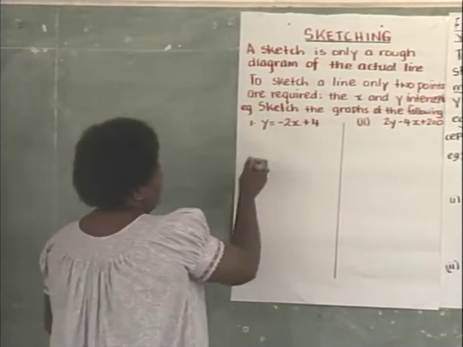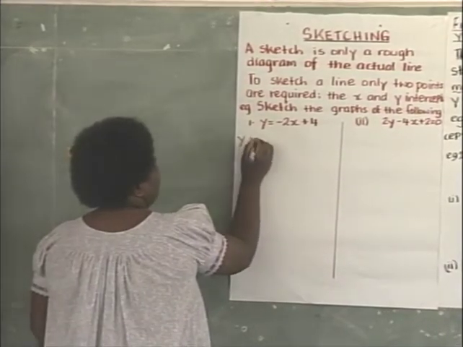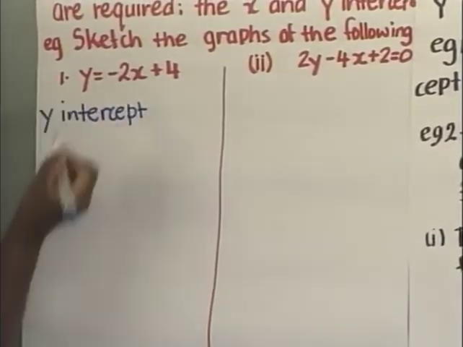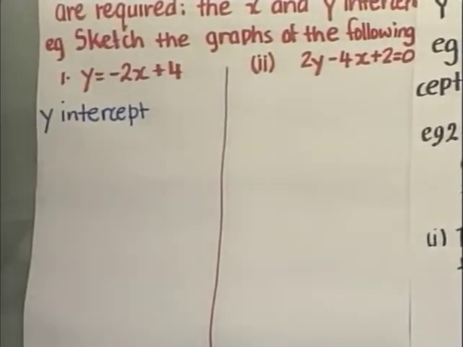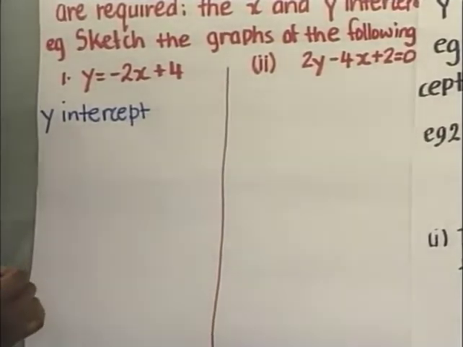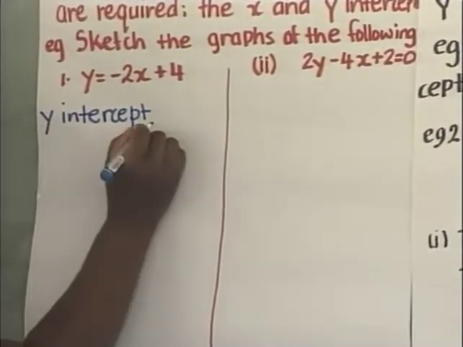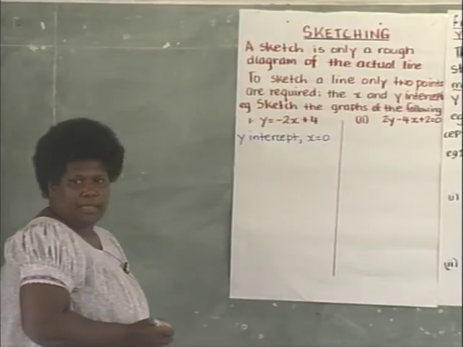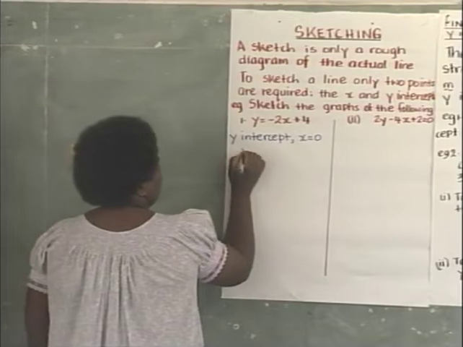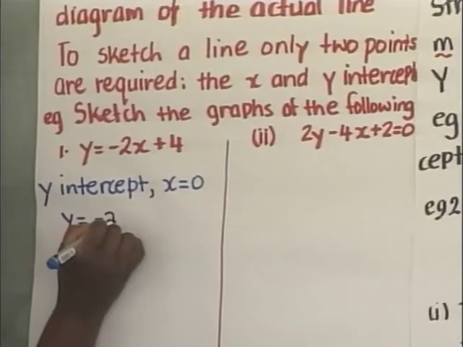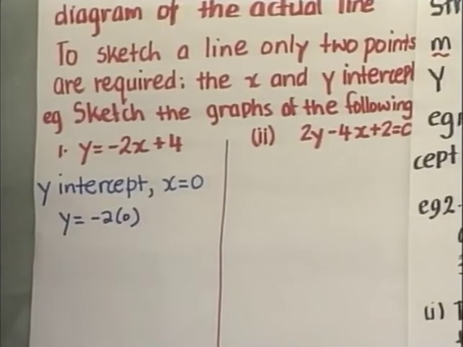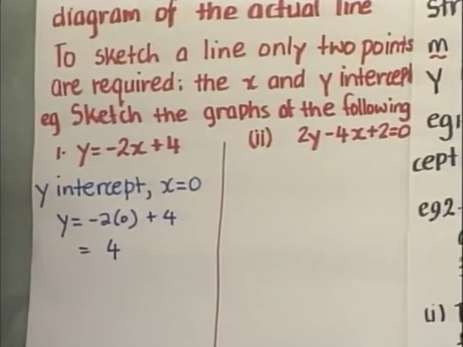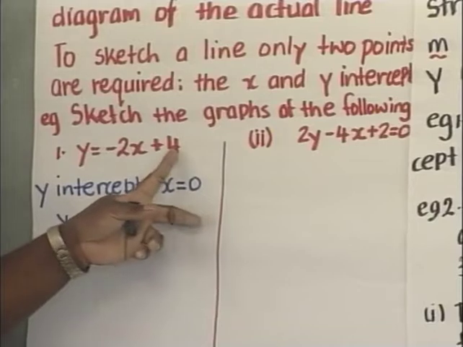Okay, first you have to find the y-intercept. Here it's clear the y-intercept is positive 4. If you are not sure, you make x 0, because at the y-intercept, x is always 0, and then y equals minus 2 times 0 plus 4, so y equals 4, which is this number here.